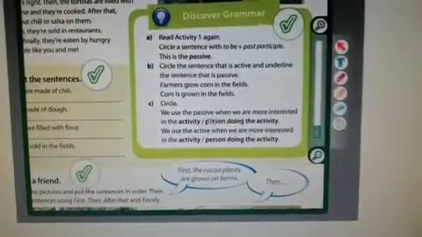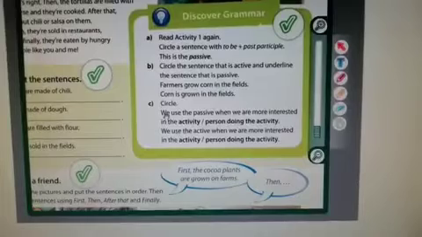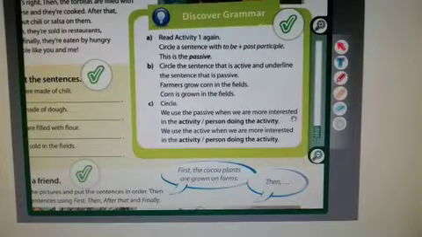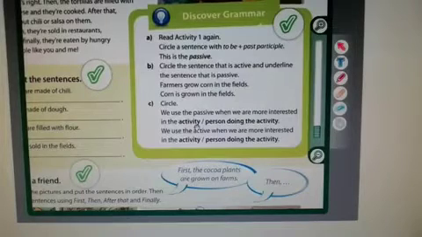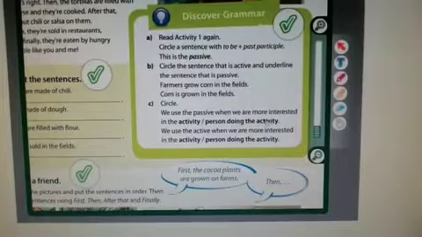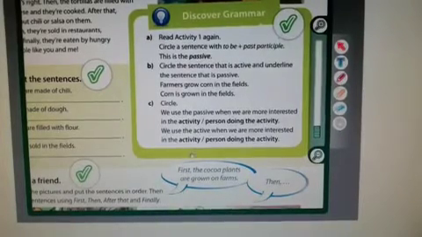When we use passive or active, listen. We use the passive when we are more interested in the activity, or we are more interested in the person doing the activity. We will see the answer.